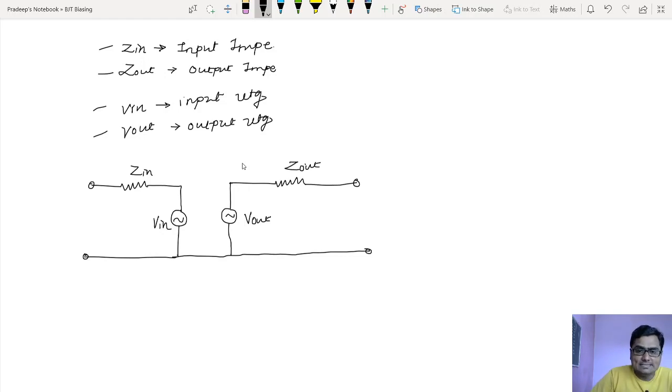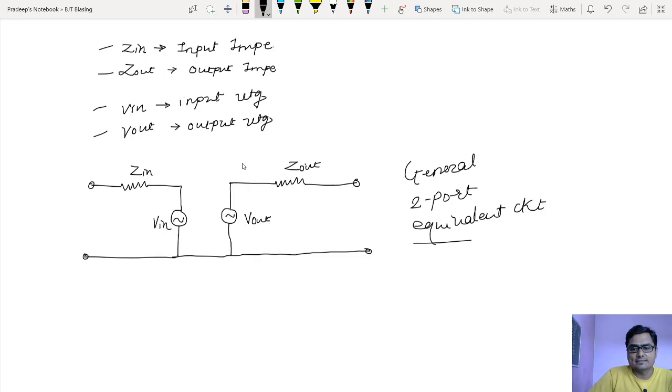Look at this circuit. What is this circuit called? It is called the general 2-port equivalent circuit. It means any electronic circuit can be modeled into that kind of 2-port network.